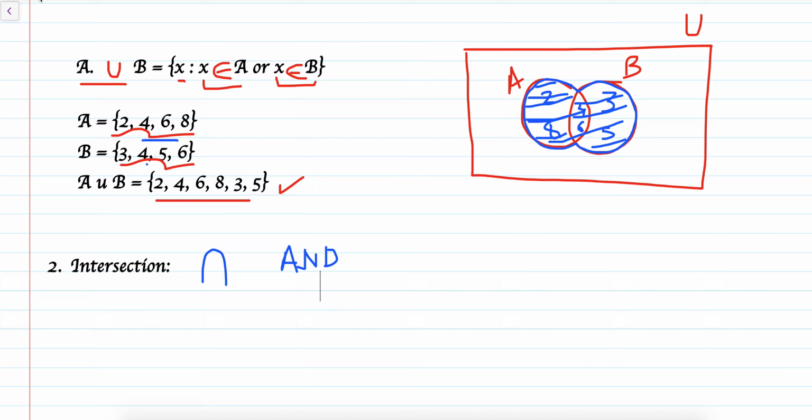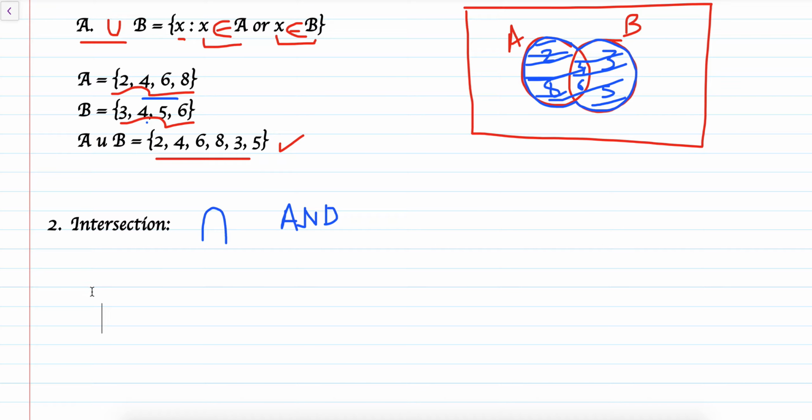So we can define A intersection B as the set of X such that X belongs to A and X belongs to B. The key point to note is the word AND here. In the definition of union we had OR, here we have AND.